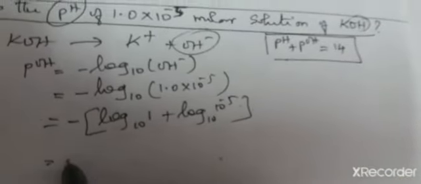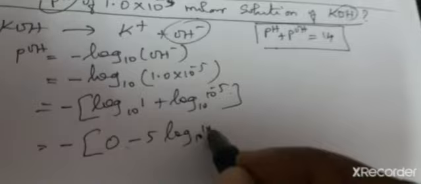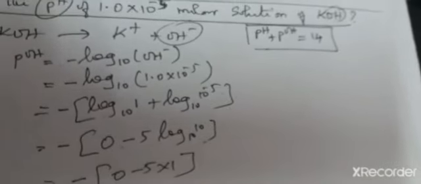Then with similar methods, this is 0, minus 5 log 10, and here log 10 is 1, so 5 into 1. So when you calculate pOH, minus into minus is plus, that is plus 5. pOH is equal to plus 5.